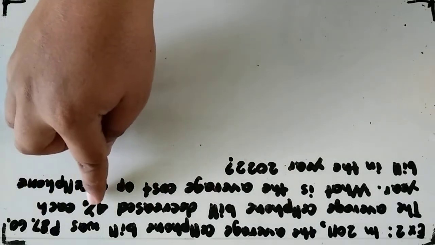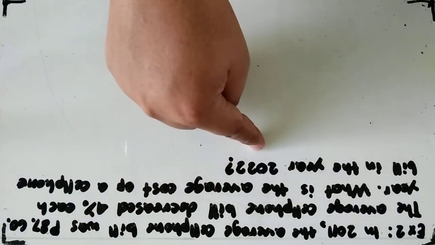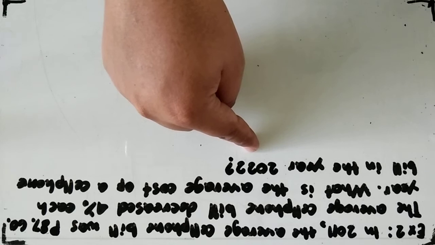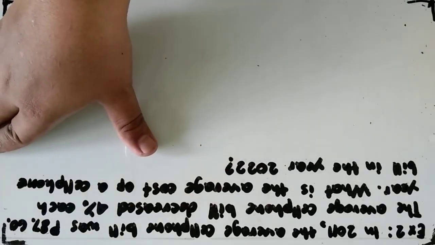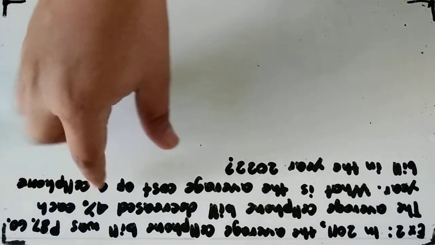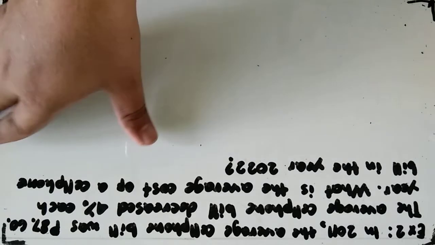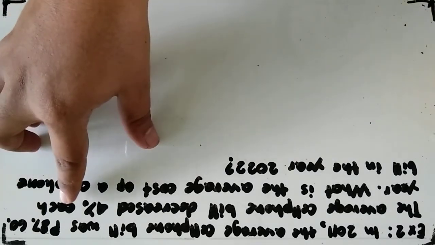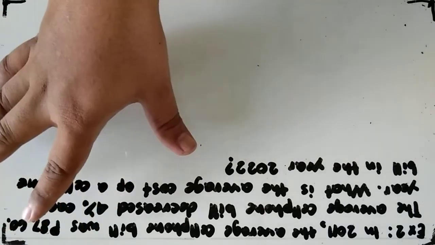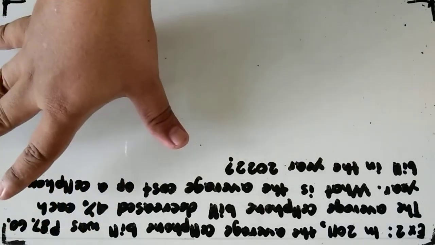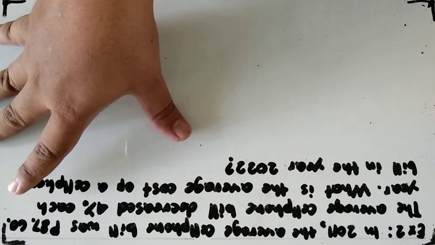So, dahil nga nagbabawas siya ng by 4%, magkano na siya by 2022? So, this is an example of a geometric sequence kasi nga yung decrease niya ay naka-percentage, kumbaga mag-accumulate siya ng certain amount.